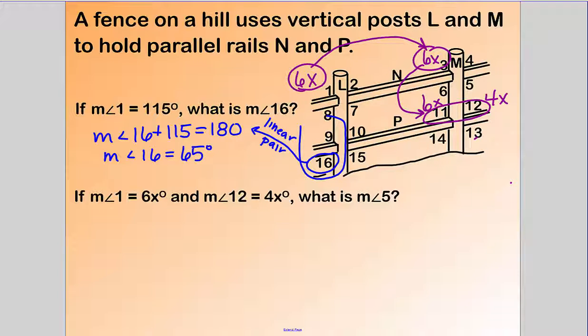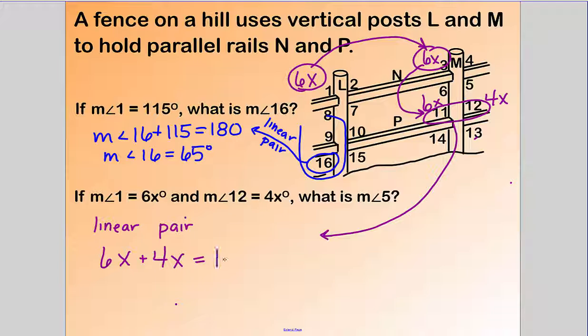I know that 11 and 12 are a linear pair. So I will say that 6x plus 4x is equal to 180. That gives me 10x equals 180 and x equals 18.